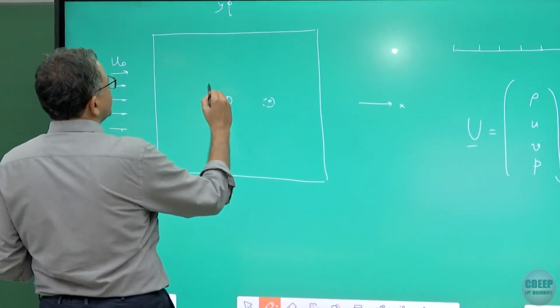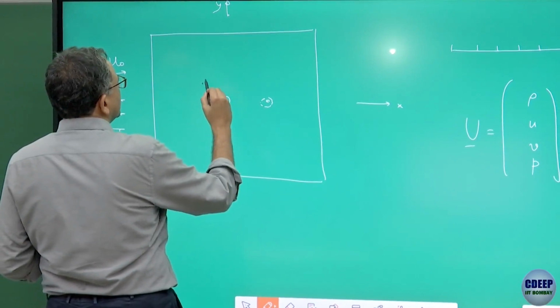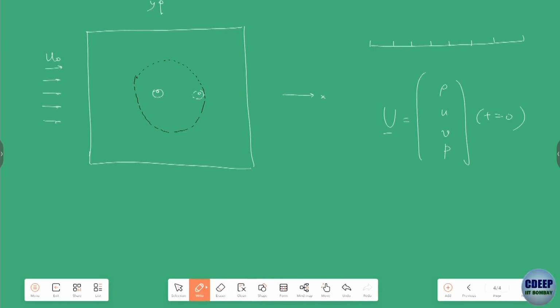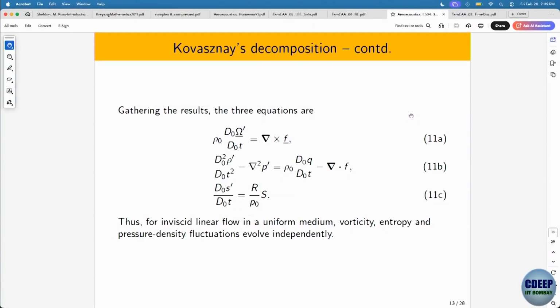The sound wave indeed will be convected, so it will not be centered around the source. It would have gone out but also be moved with the speed of the base flow, and that is also apparent in the D by Dt squared in the wave operator.